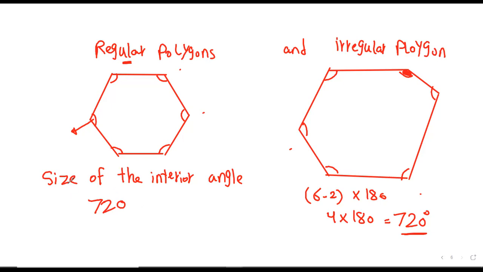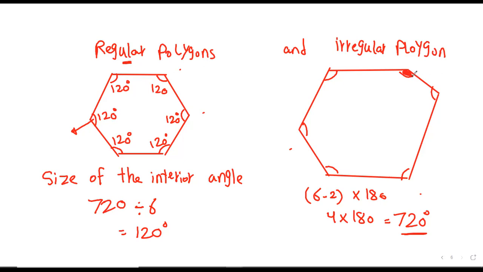But in this case, if I want to find the size of one interior angle, you divide that 720 by 6. It will be 120. So each angle equals 120, because this polygon is a regular hexagon.